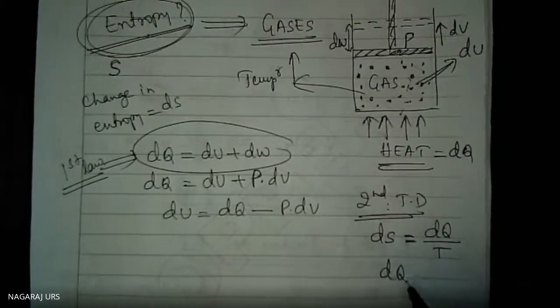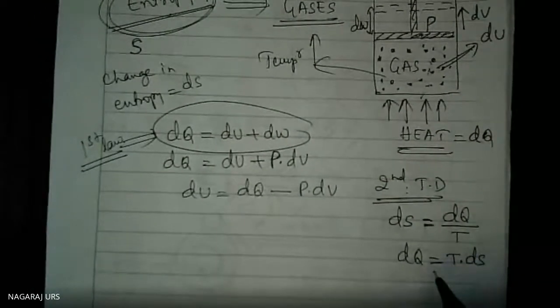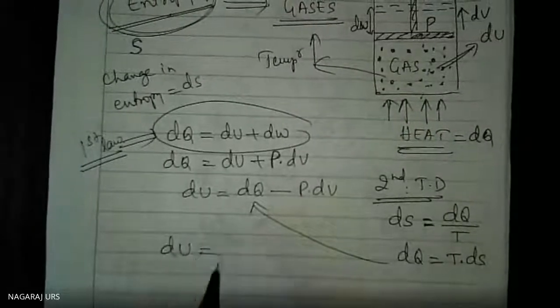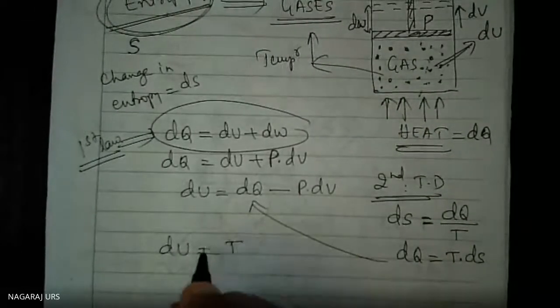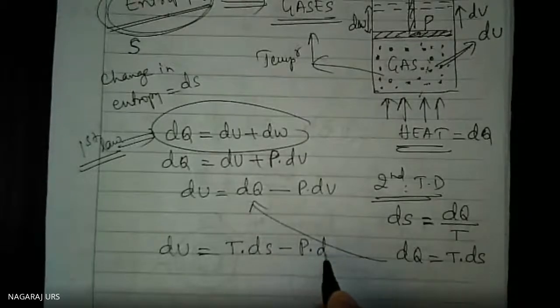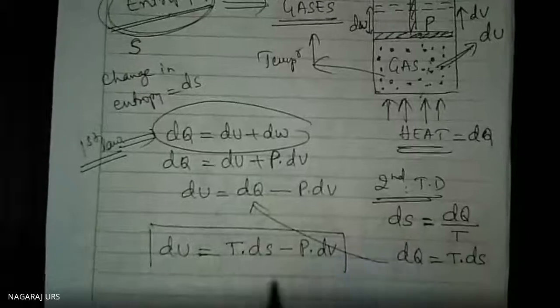Therefore, remember this concept, dQ is equal to T dS. If I substitute this here, therefore dU is equal to T dS minus P dV. This is the equation that I require.